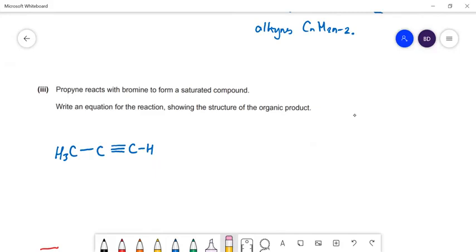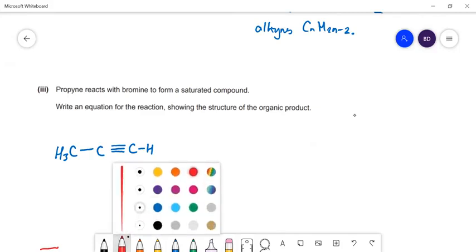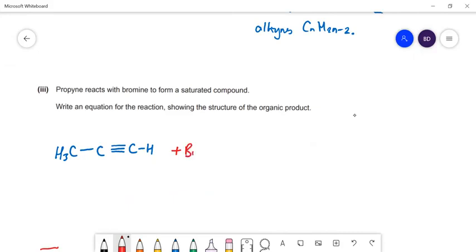Right, you're going to react that with bromine. So you're going to break that triple bond. So let's call that carbon number 2 and number 3. The CH3 one's not going to change. Nothing happened there. That carbon, you're going to lose the triple bond. So that means you're going to need 2 bromines on there.